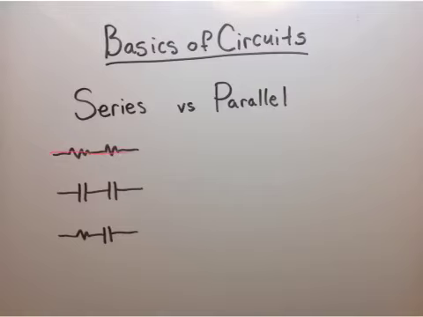Series means there's only one path, meaning if I go through this resistor, whatever that is, we haven't learned about those yet, then I also have to go through this resistor. If we're talking about charge traveling through this, charge would have to go through this and then this. And then same story here, because there's only one path to follow.